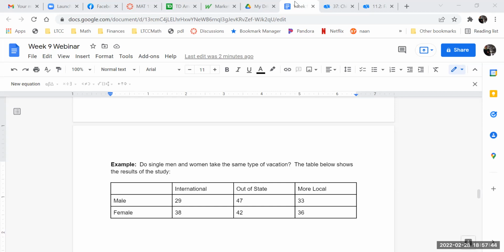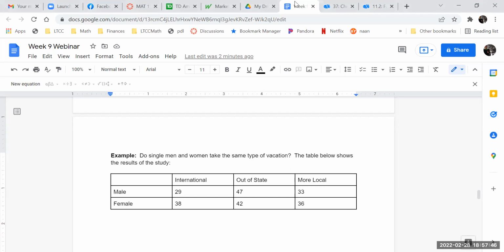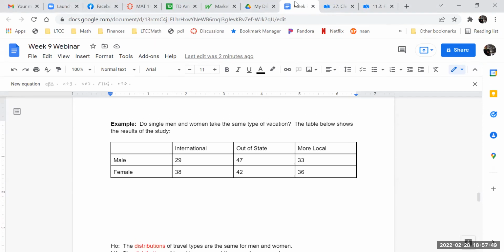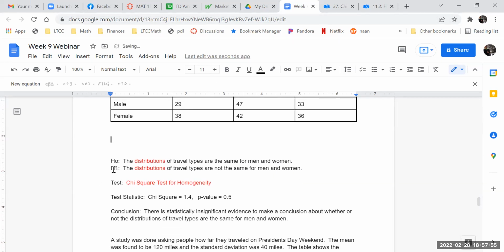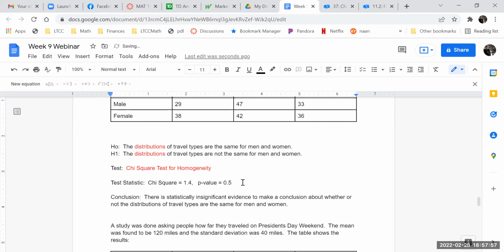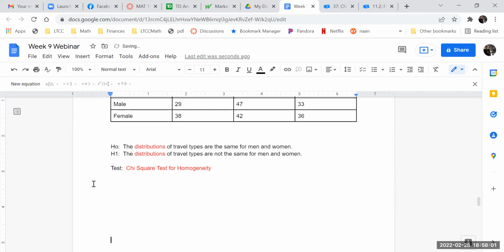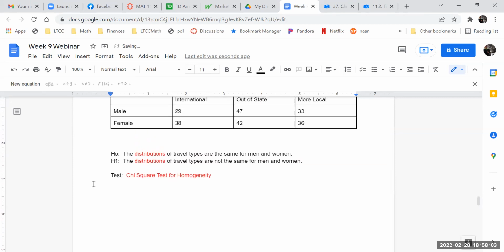Okay, so once you've decided that it's different, then we can write down our hypotheses. So our H naught is the distributions of travel types are the same for men and women.